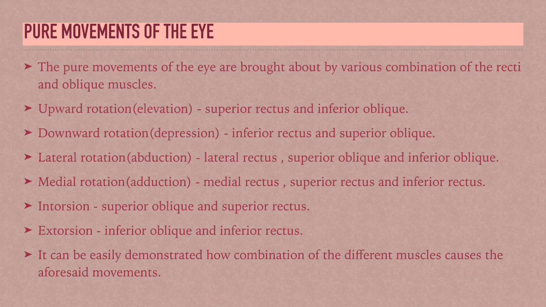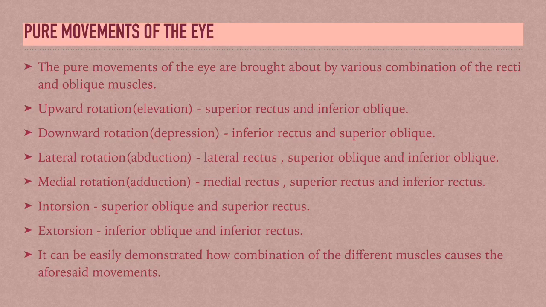In the previous slides I had demonstrated how individual muscles bring about the movements of the eyeball. Now the pure movements of the eye are brought about by various combinations of the recti and the oblique muscles.